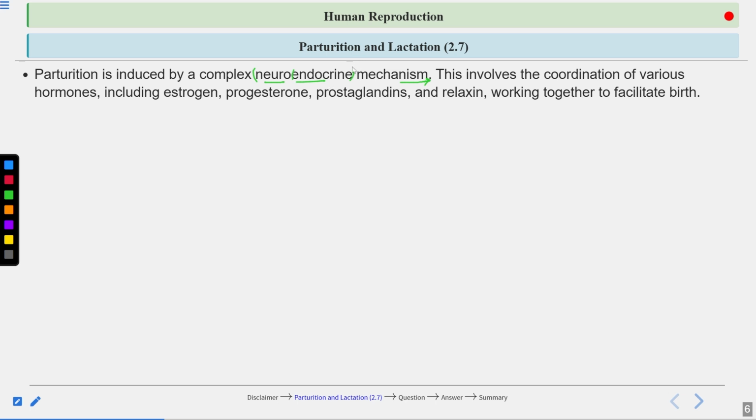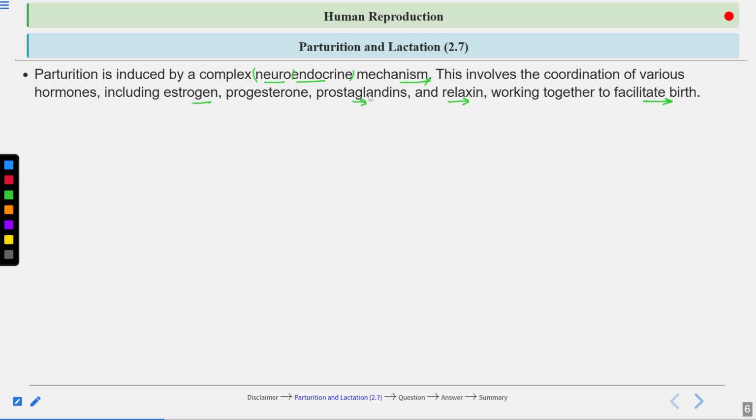The endocrine glands secrete the hormones. This involves the coordination of various hormones, including estrogen, progesterone, prostaglandins, and relaxin, working together to facilitate the birth.